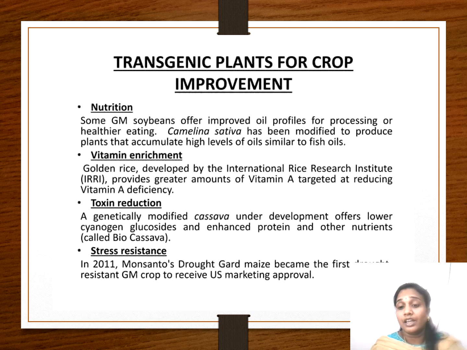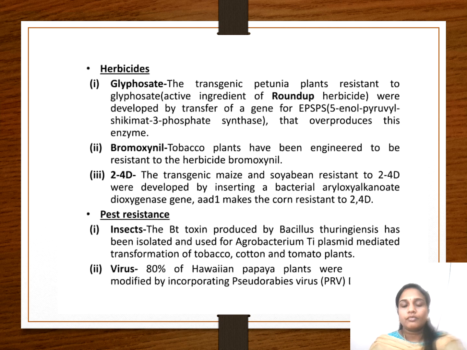Stress resistance. In the year 2011, Monsanto's DroughtGard maize became the first stress-resistant genetically modified crop to receive U.S. marketing approval.